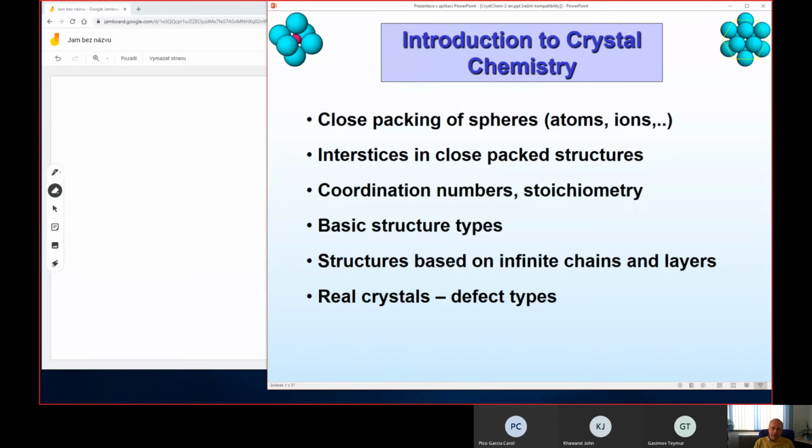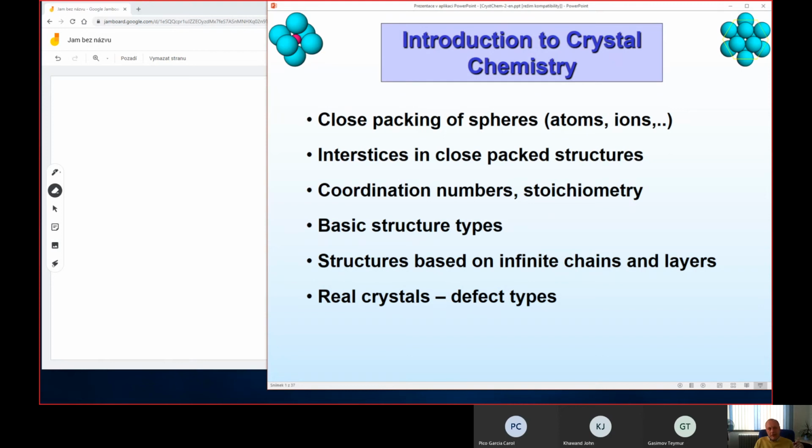These crystal structure types of binary or even ternary compounds can be derived by occupying the interstitial sites in close packed structures by different types of atoms or ions. And by occupying these interstitial sites, we obtain the specific coordination numbers.